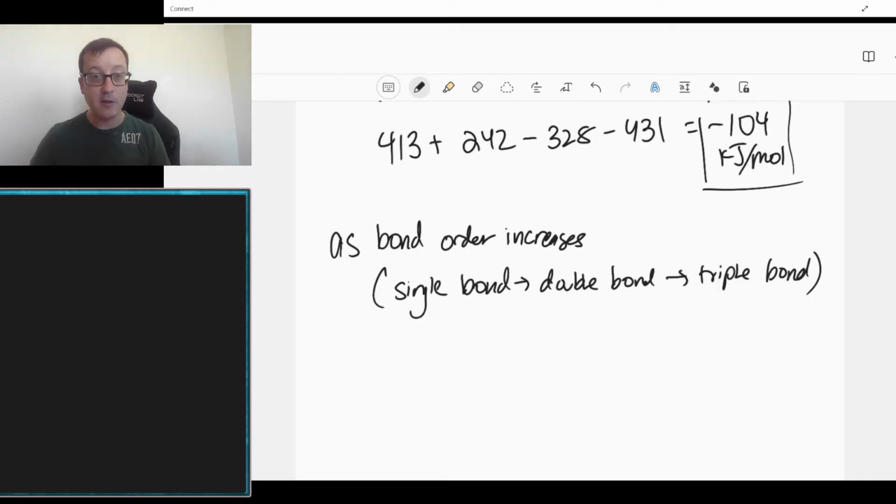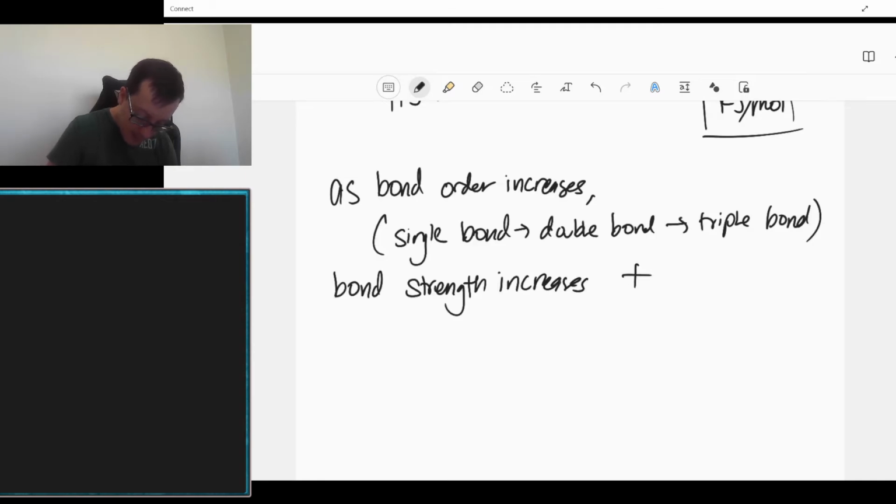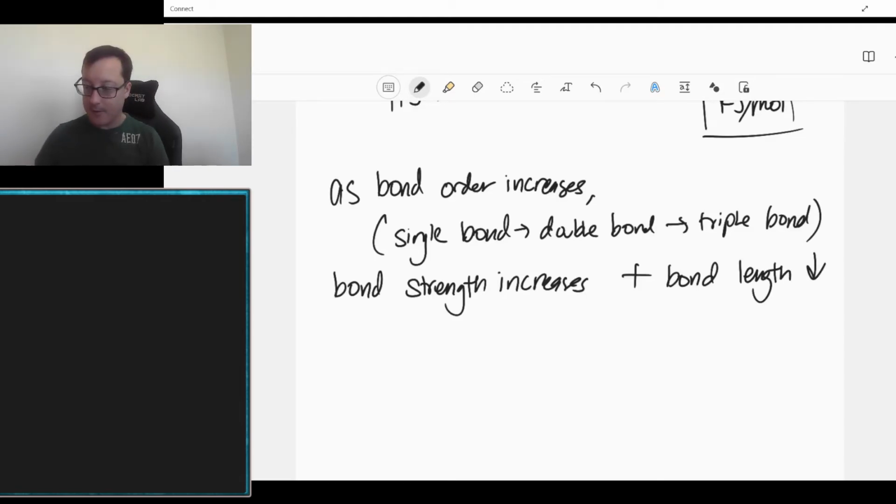Single, double, triple, those are the bond orders, 1, 2, 3. We see that bond strength increases. And bond length decreases. So I ran out of space there, but let's look at some of these.